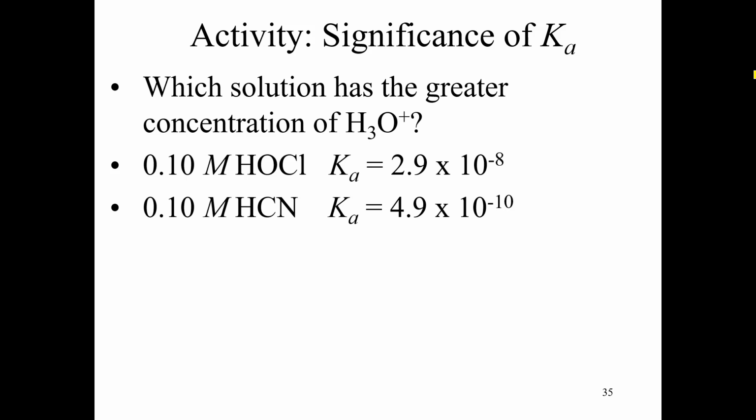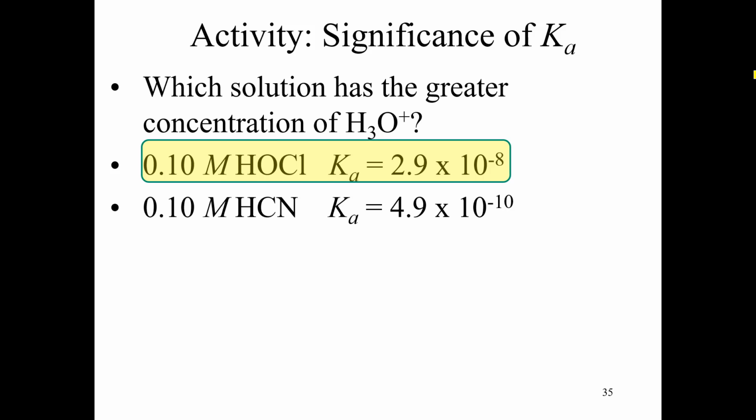The stronger acid will dissociate, will ionize more, and therefore put more hydronium ions in solution. Since HOCl has the greater value of Ka, it will therefore have the greater concentration of hydronium ions in solution.